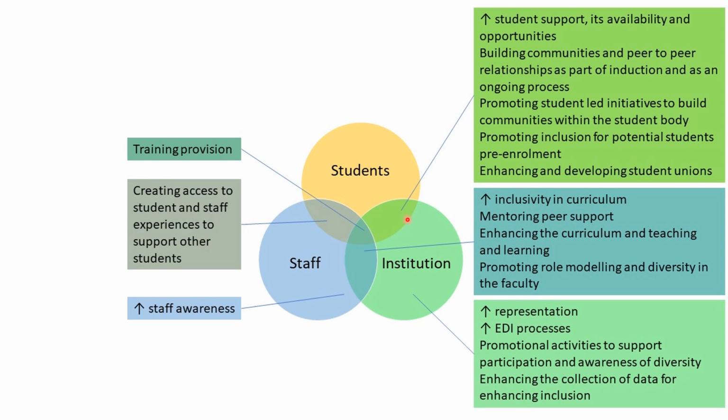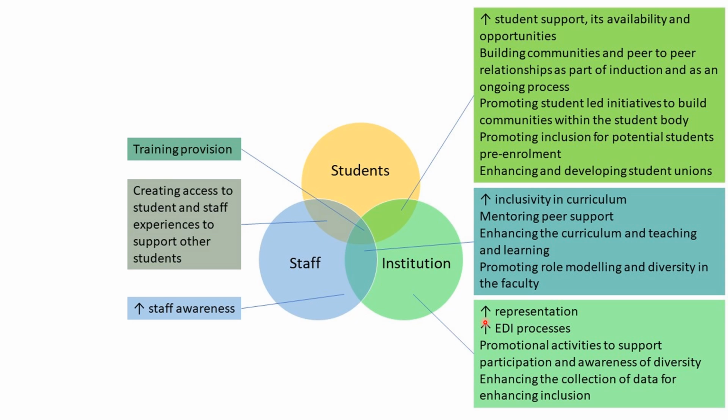For staff within the institution, we had increase of inclusivity in the curriculum, and that was something that we've already discussed about the lack of representation in the curriculum. Mentoring, peer support, enhancing the curriculum and teaching and learning, and promoting role modeling and diversity in the faculty.